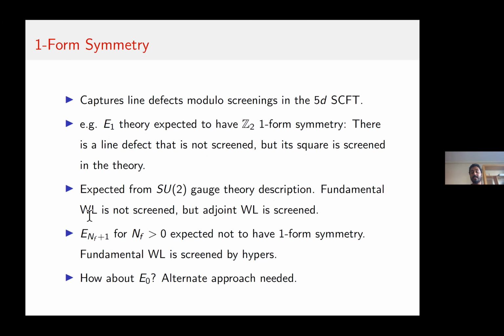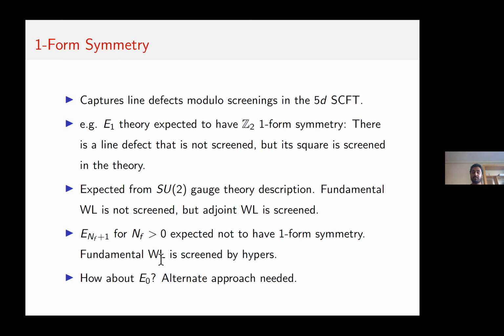You have a fundamental Wilson line in a pure SU(2) gauge theory which is not screened, but the adjoint Wilson line is screened by gauge bosons, and the adjoint arises in the tensor product of the fundamental with itself. Similarly for E_{N_F+1}, where N_F is positive, we expect that there should be no one-form symmetry, because again from the SU(2) gauge theory description, the fundamental Wilson line is now screened by the fundamental hypers.